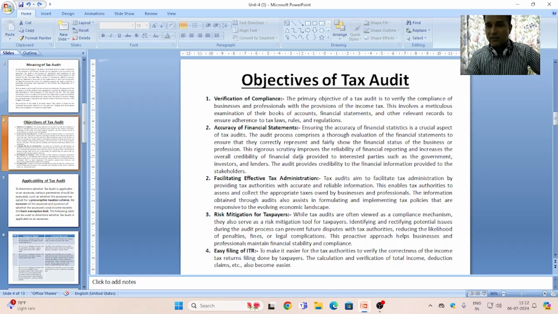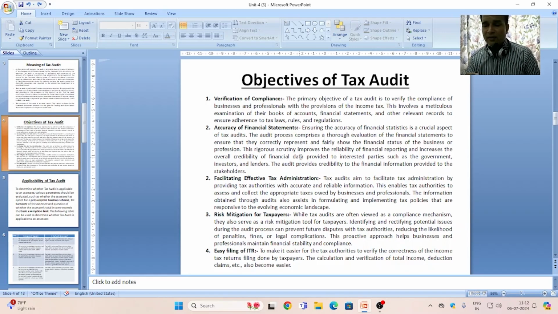The objective may be financial statement accuracy. Tax audit also helps in the accuracy of the financial statements. During the tax audit, if any mistake or deviation is there, then it may be corrected because it is now in the knowledge of the auditor and management.